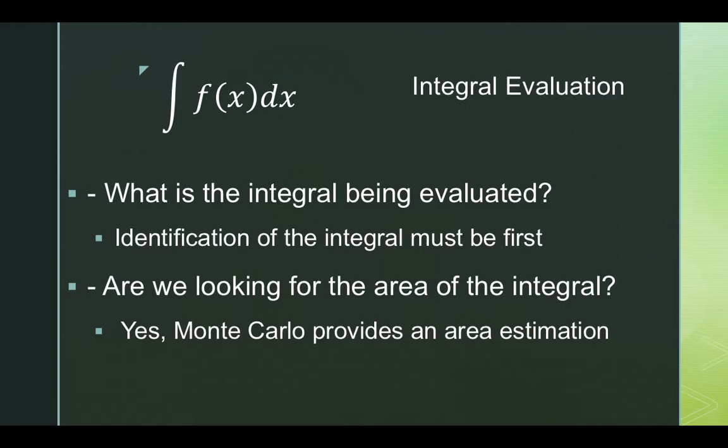For example, if we have a simple function such as f of x equals x squared, we can simply take the integral, x cubed over 3, and evaluate it over the support from the origin to the end, and that will give us the area under the curve.